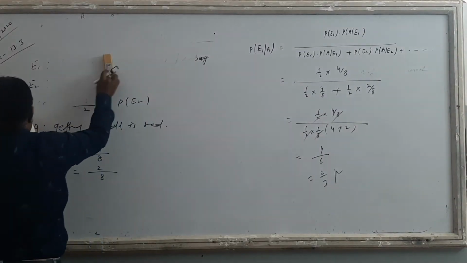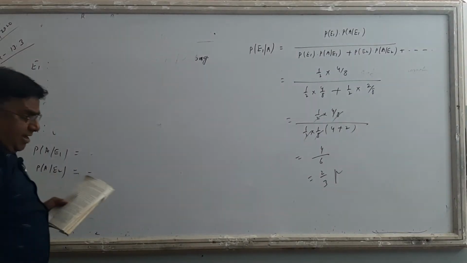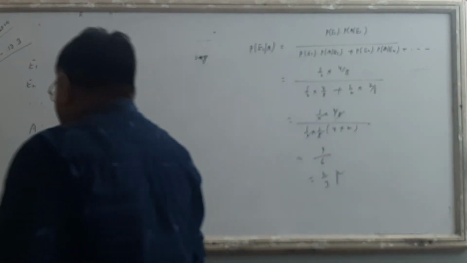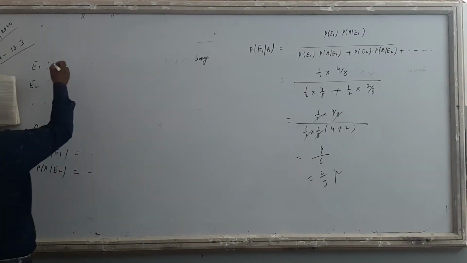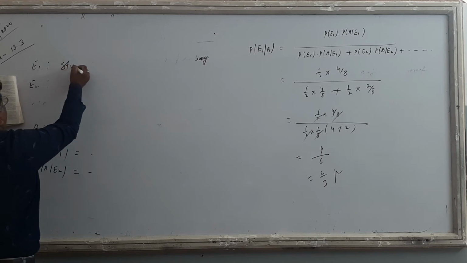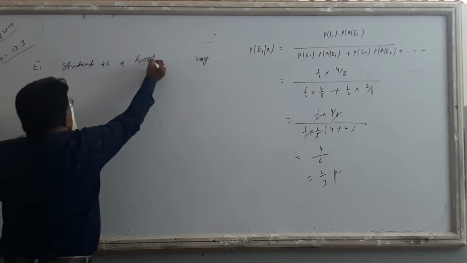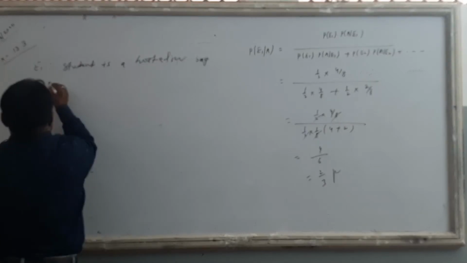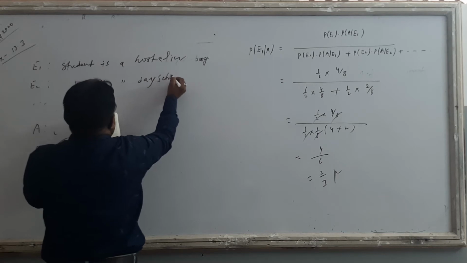We need to find the probability that the student is a hostler. So E1 is that the student is a hostler, and E2 is that the student is a day scholar. Or we can also say E1 is student residing in hostel and E2 is student not residing in hostel.